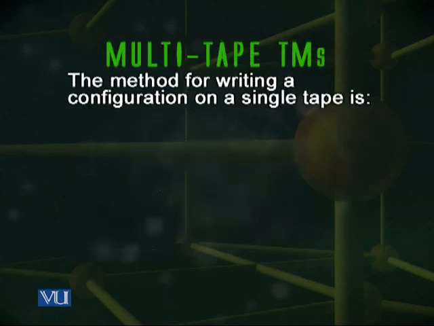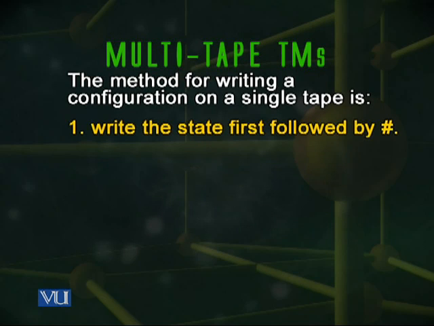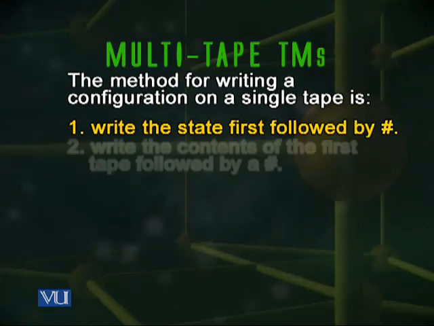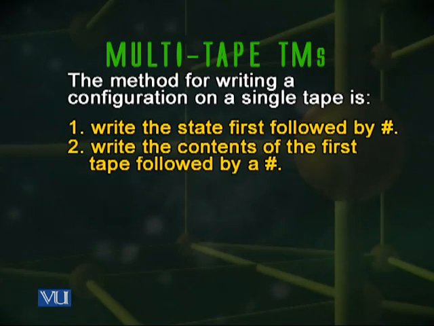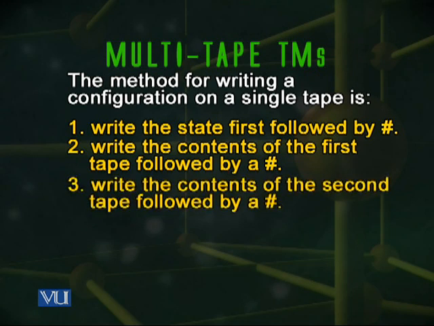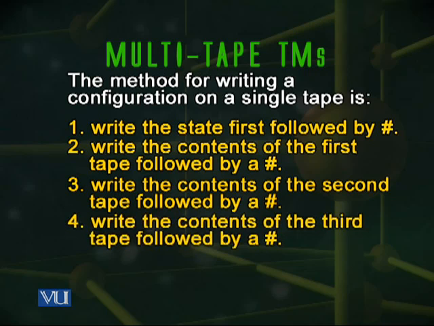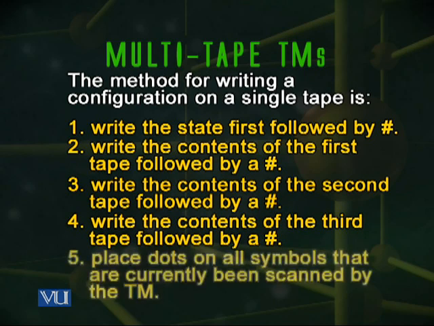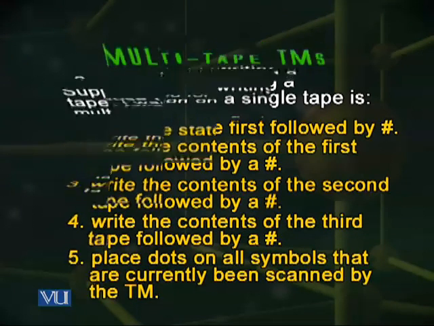The method is as follows. I write down the state followed by a hash symbol. Then I write down the contents of the first tape followed by a hash symbol. Then the contents of the second tape followed by a hash symbol, and so on for all the tapes. In the end, I go through what I have written down and place a dot on all the symbols that are currently being scanned.